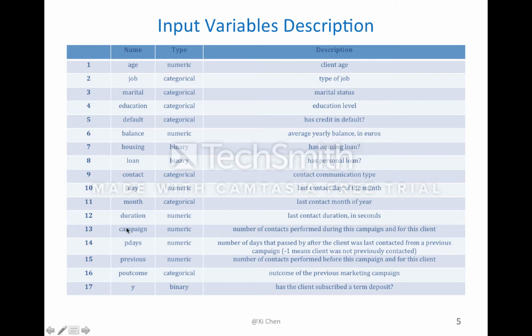And the next few variables are related to last contact of the current campaign, such as when was the last contact done, which day of the month, which month of the year, and how long did the last contact last in duration, in seconds. It also has a few other attributes, such as the outcome of the previous marketing campaign, and the last one is our dependent variable Y, showing whether a client subscribed a term deposit.